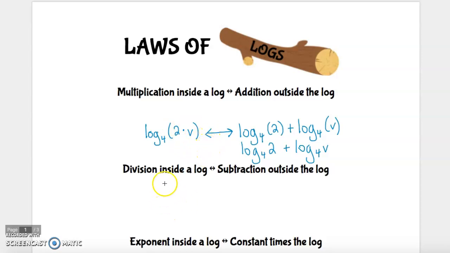The second property is division inside of a logarithm. Let's do another logarithm, ln. Write yourself a little note over here: ln is the natural logarithm, which technically has a base of e.